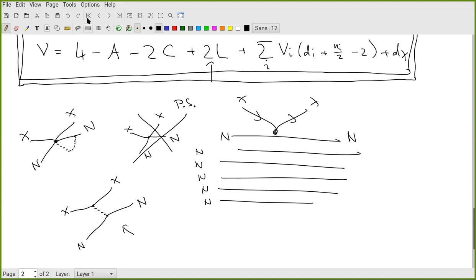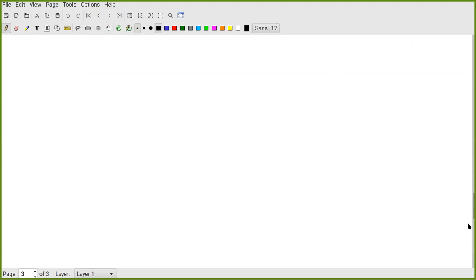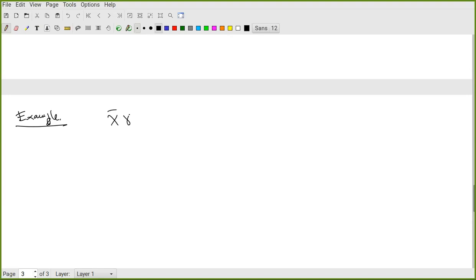Maybe another example, one that I didn't discuss but that's also important. Let's look at this interaction, which is just an axial vector current.